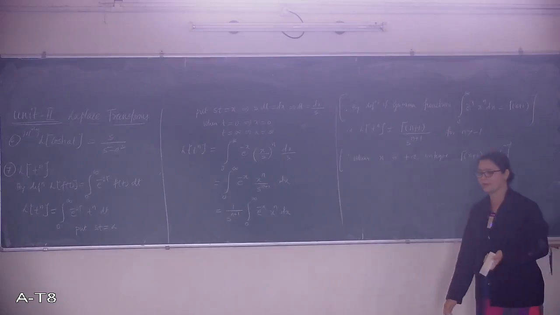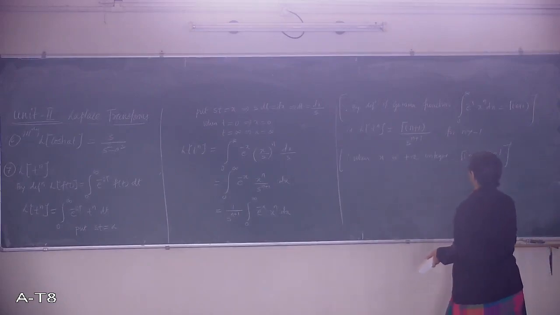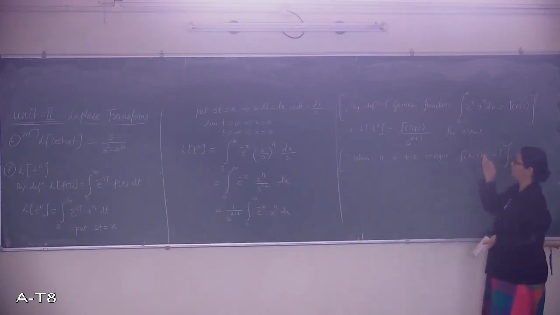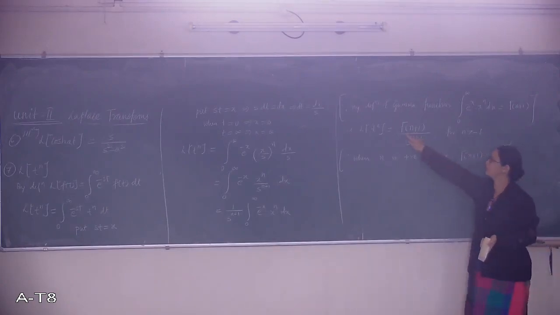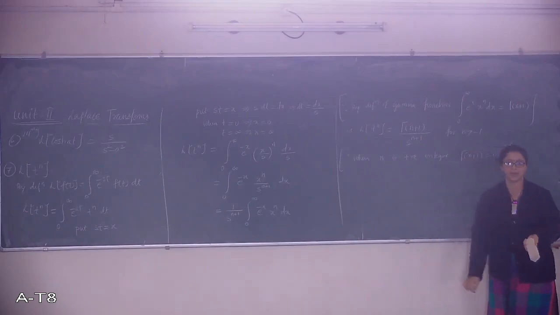And when n is greater than minus 1, including negative or fractional values, it is gamma of n plus 1 upon s to the power n plus 1.